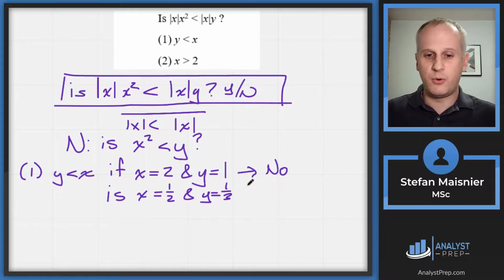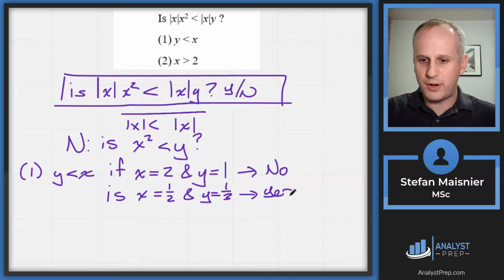And even though y is less than x to start, 1/4 is actually less than y, and our answer this time to our original question is yes, x squared is less than y. So by itself, this condition is not going to be sufficient, and our options are B, C, or E.